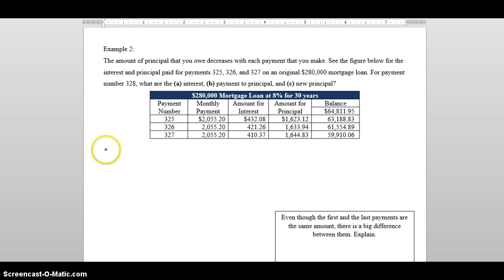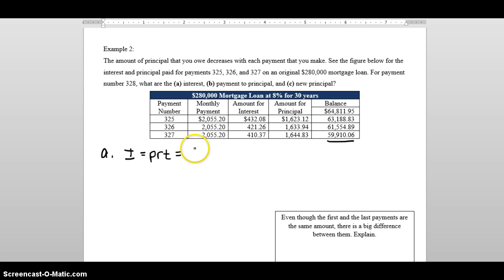In this example, very few things will change. The first thing that will change, however, is in our interest formula. Our principal is our previous balance. For now, our previous balance is this $59,000. So we're going to take interest equals principal times rate times time.